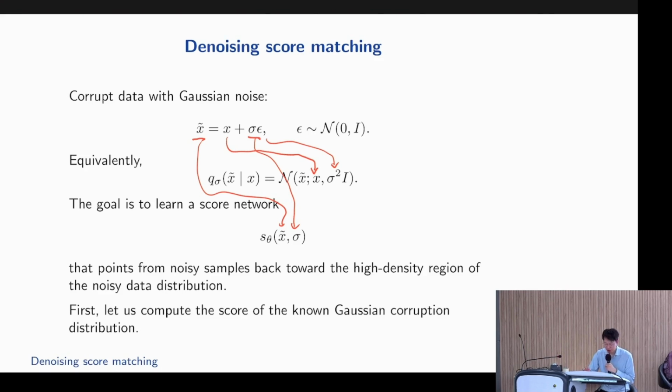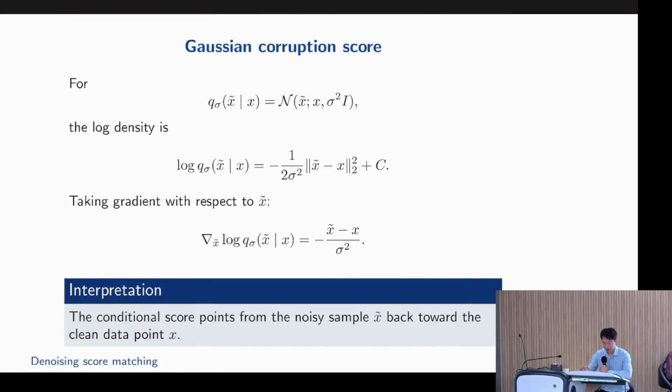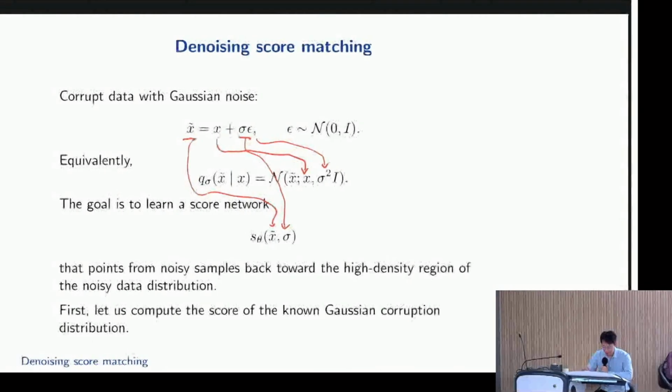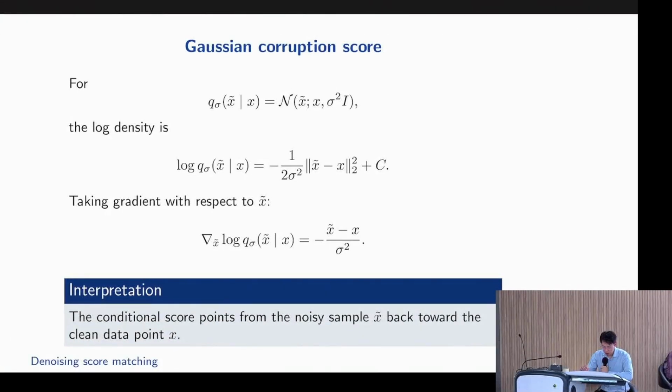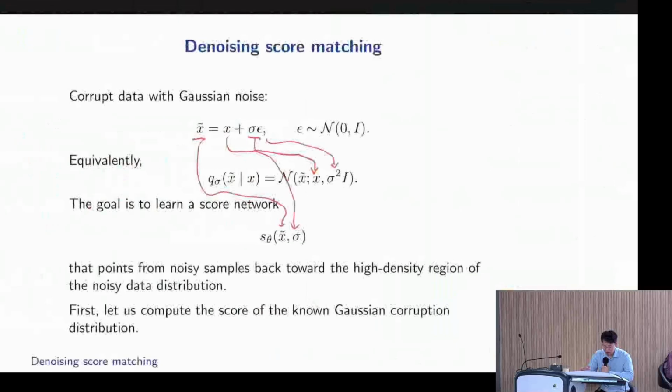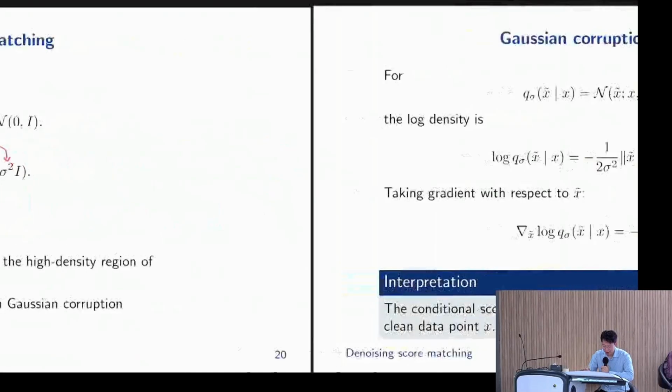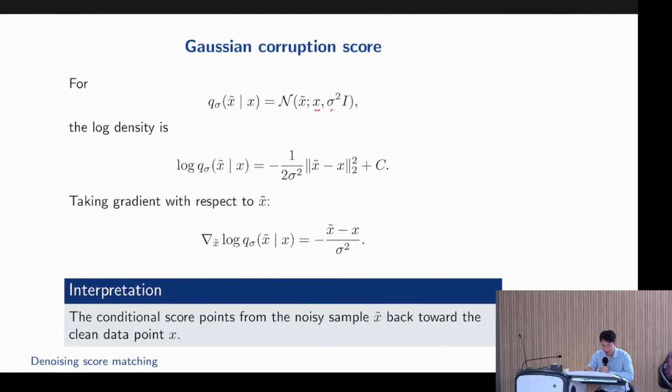So let's try to compute the score of this known Gaussian corruption distribution. The distribution of x tilde given x is just Gaussian with mean x and noise level variance. And its log density is, by definition of Gaussian distribution, 1 over 2 sigma squared times the squared norm of the difference of x tilde and x, plus some constant c.